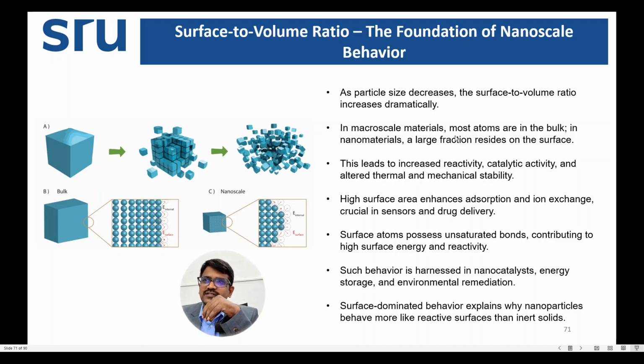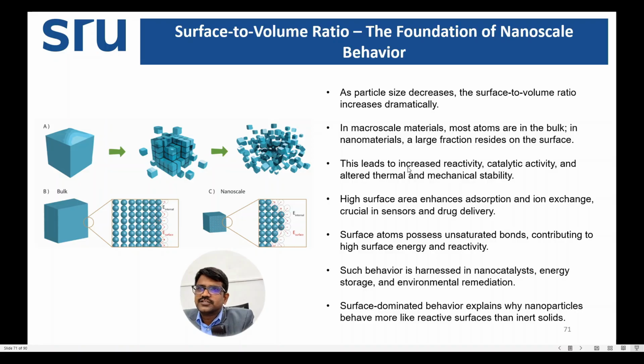Most atoms are inside the bulk material, but in nanomaterials most of the atoms are on the surface. This is the main reason for most of the new properties or changes that we are going to observe in physical and chemical properties. It plays a major role.